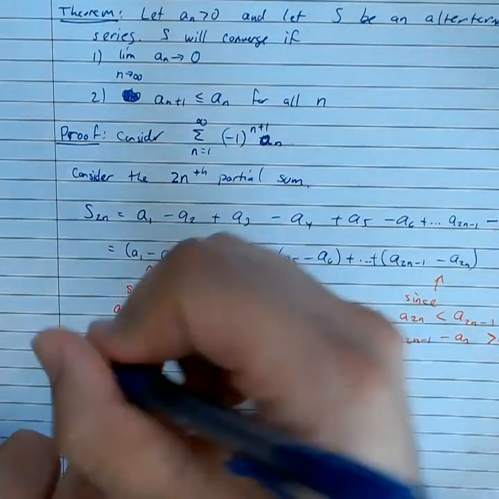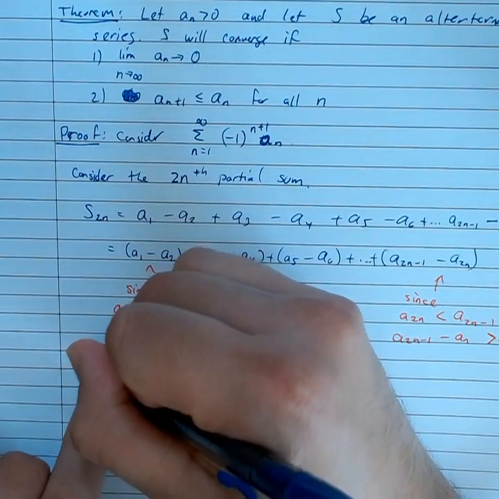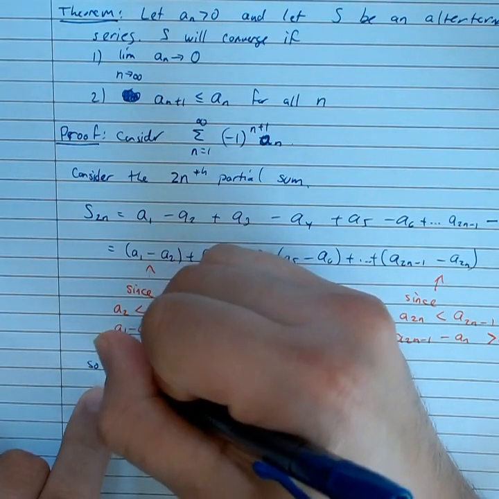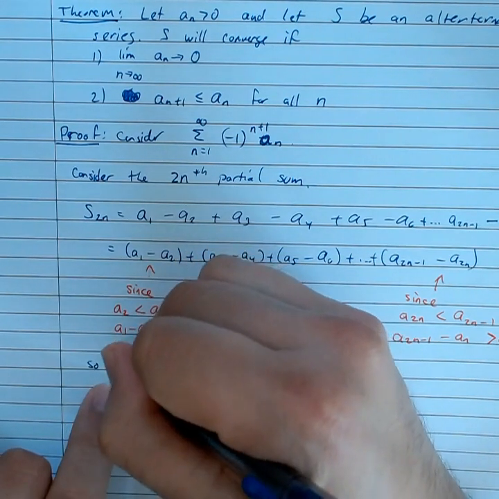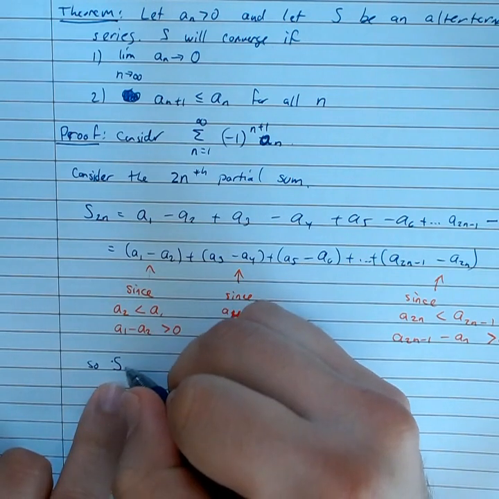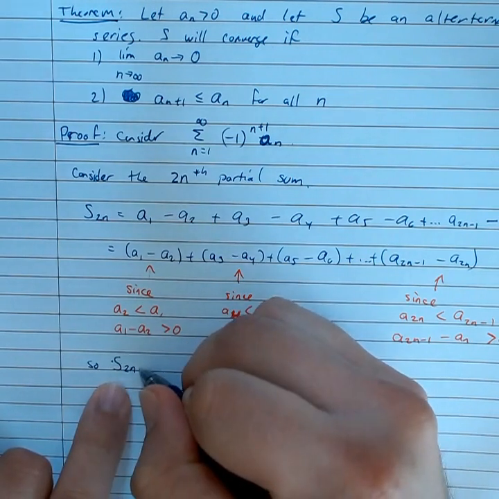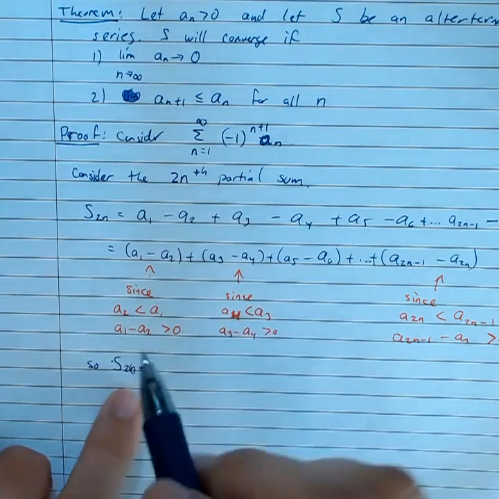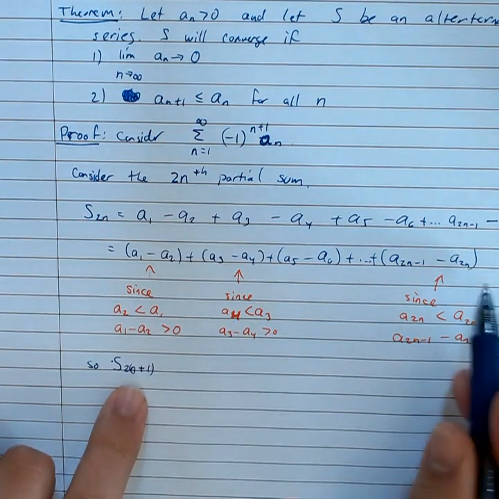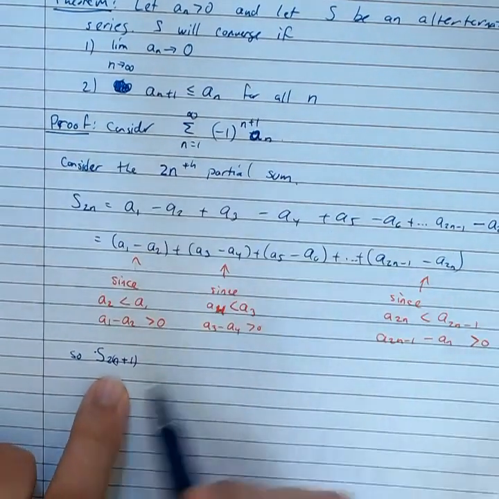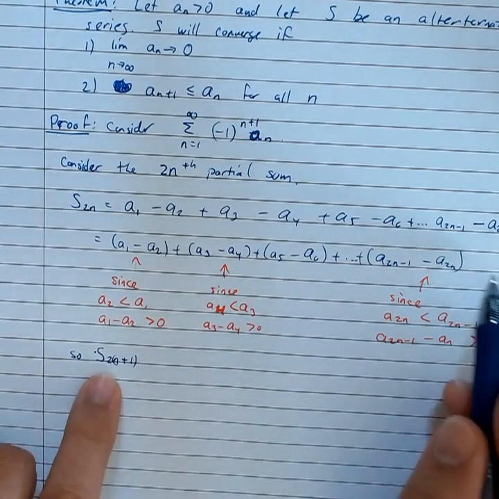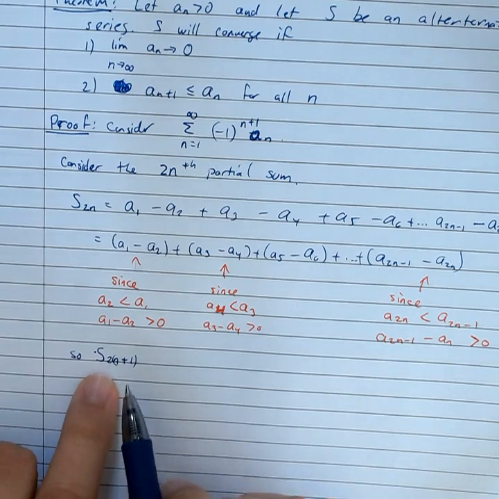So what that means is that the sequence, or let me write it this way. So the partial sum S of 2n plus 1 like this, if I go to add one more term, or in this case, I guess one more pair of terms, since we're looking at these with even number of terms.